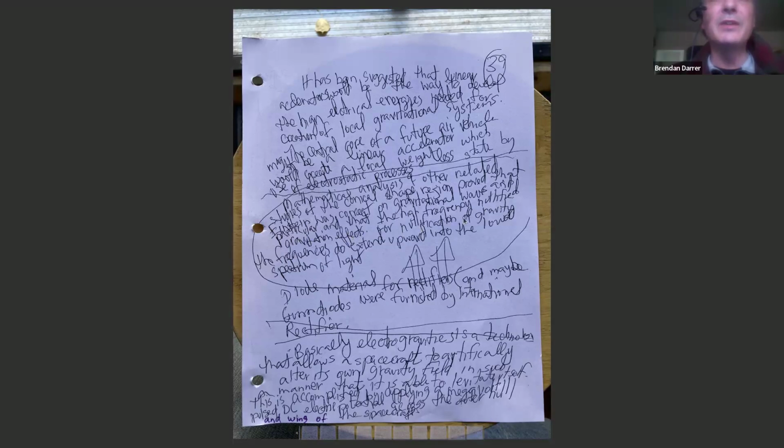For a nullification of gravity, frequencies do extend upward into the lower spectrum of light.